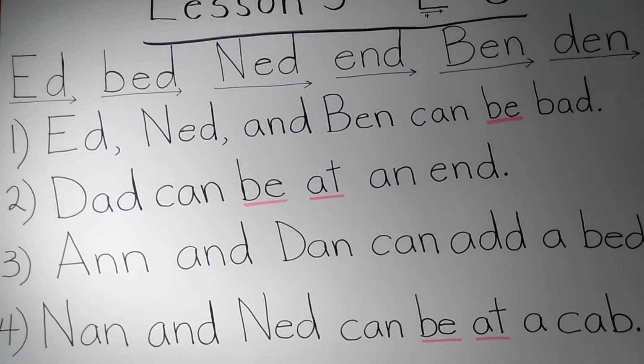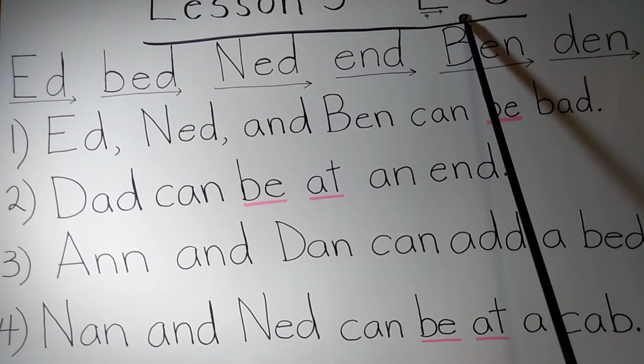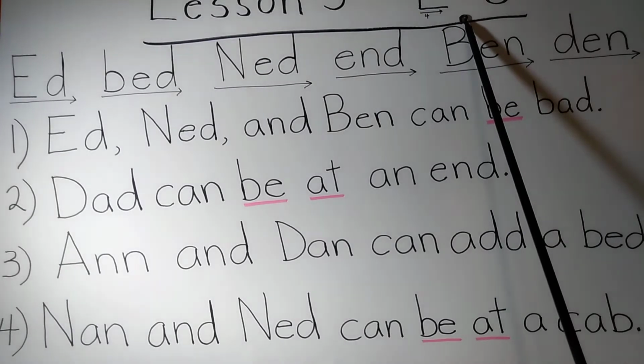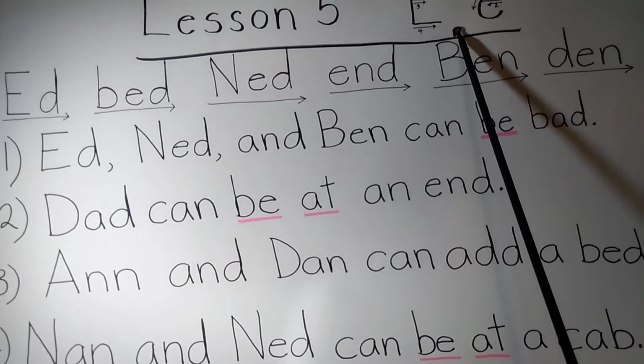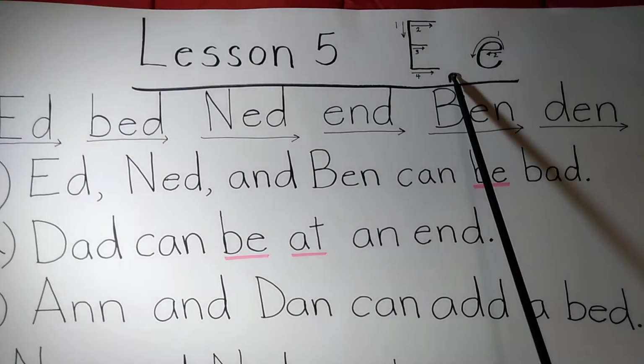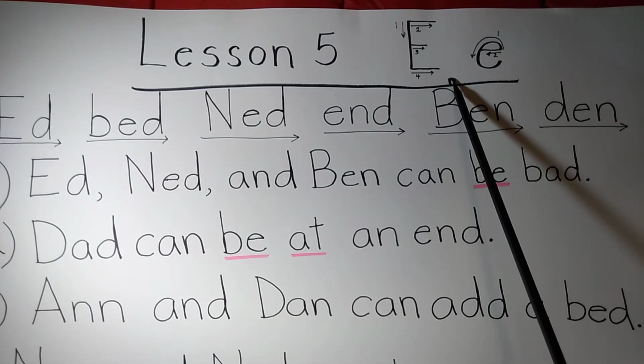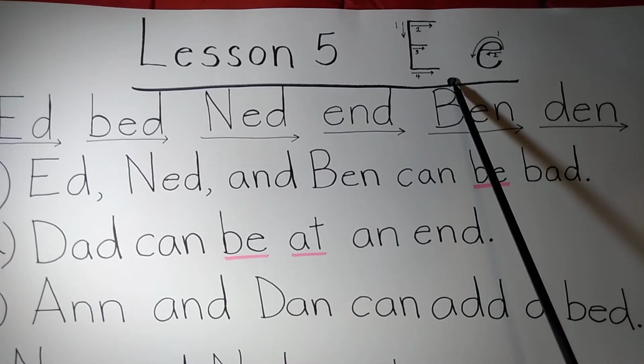Okay, now we're going to a new lesson. This is the E, which is the second vowel that we've had. First one was A. Now we've got E. In order to form this letter, my last reminder for those who aren't doing the printing was last time.